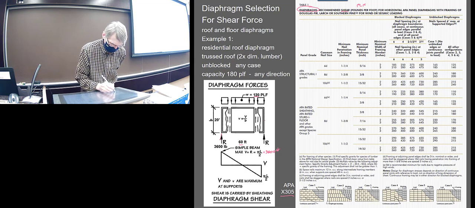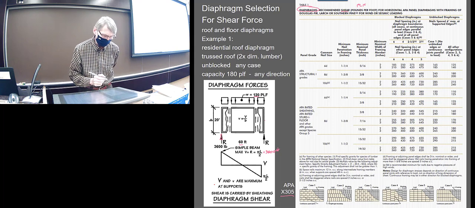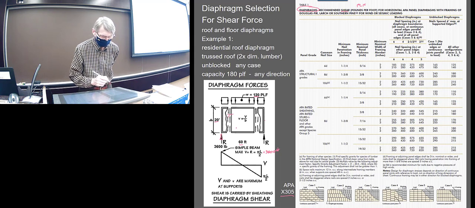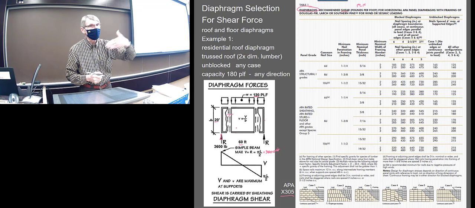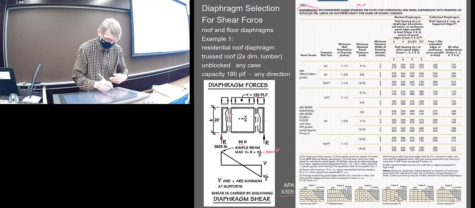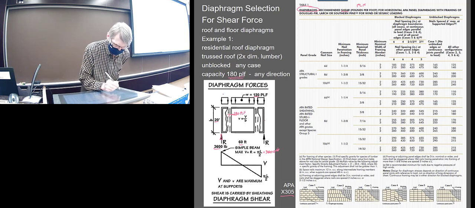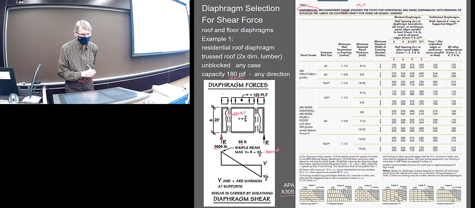So that's that reaction force, so to speak. You divide that by 20, and you get what the shear force distributed across the length of the diaphragm would be, right? The total is 3,600, but divided by 20, I guess, is 180 PLF. So that's where that 180 PLF is coming from.